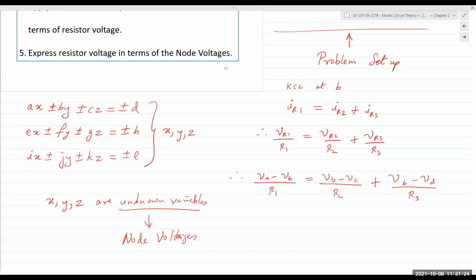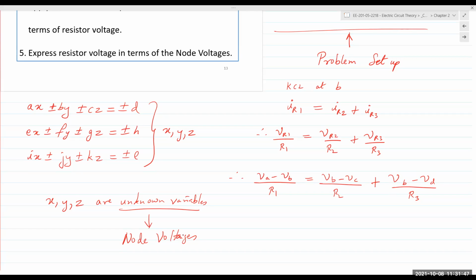So the A, B, C, D, those are, yeah, I get what you're saying. They're all letters, so it's confusing. I see your point now. So A, B, C, D, they are coefficients, they are the constants. X, Y, and Z are the variables, and they represent the node voltages.